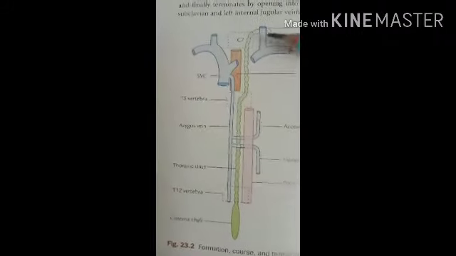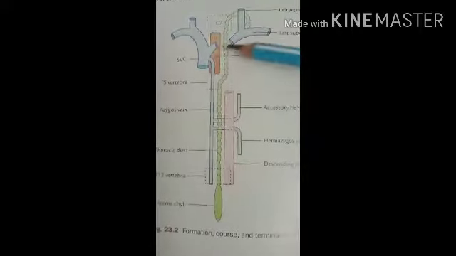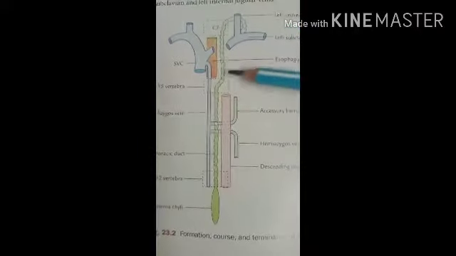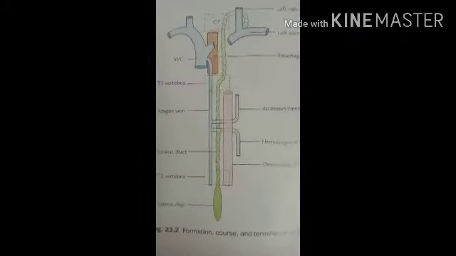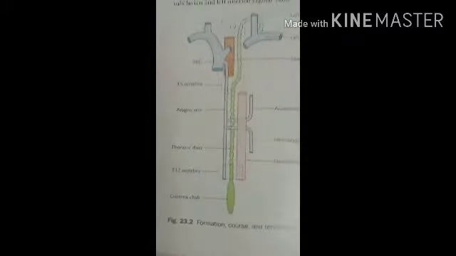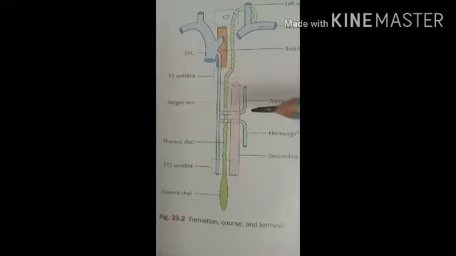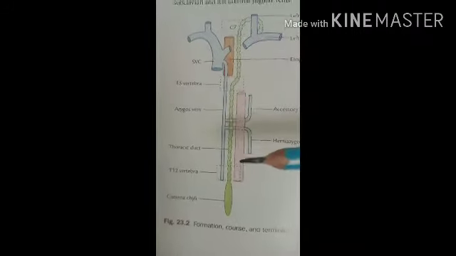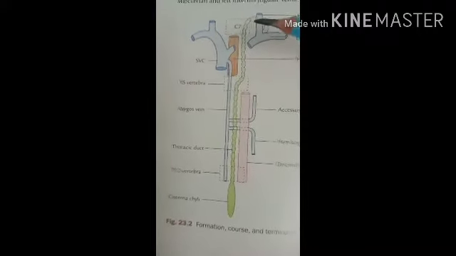In green color, you can see the beaded appearance, by which you can easily identify the thoracic duct. It is the largest lymphatic vessel in the body, and it extends from the upper part of the abdomen to the lower part of the neck.